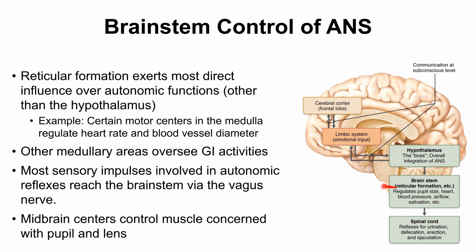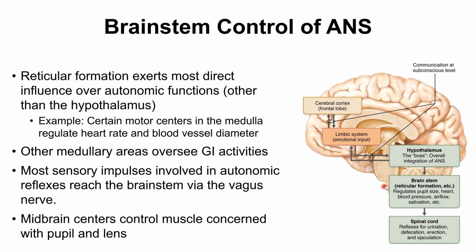The example I'll give you is that we have certain motor centers located in the medulla that regulate our heart rate and our blood vessel diameter. And there are other areas in the medulla that help to oversee GI, or gastrointestinal, activities.